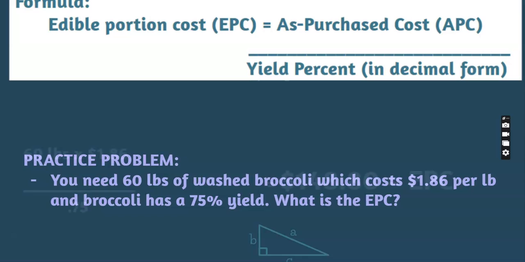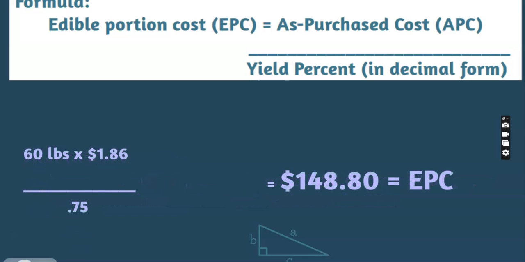All right, so let's set that up. Here, I did it where we are taking 60 pounds total of the washed broccoli and multiplying that by $1.86. That gives you the total cost of the broccoli: 60 times $1.86 is $111.60.